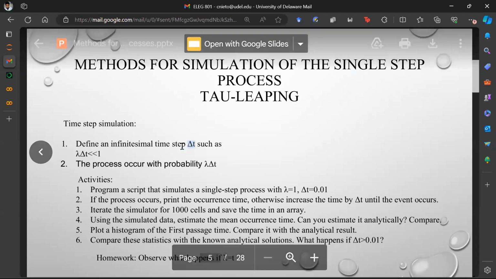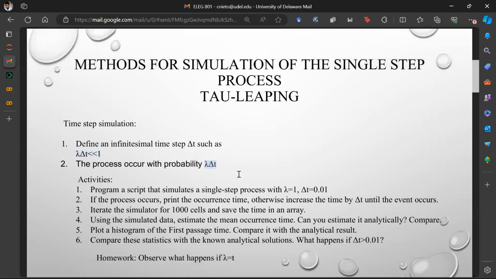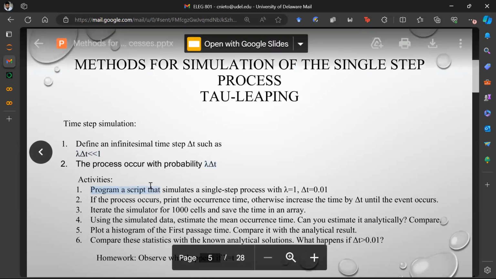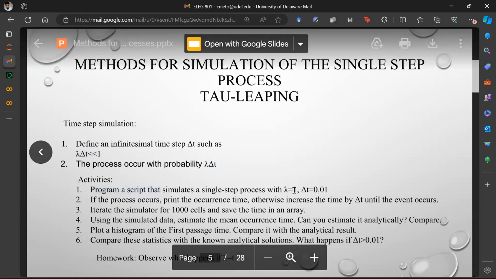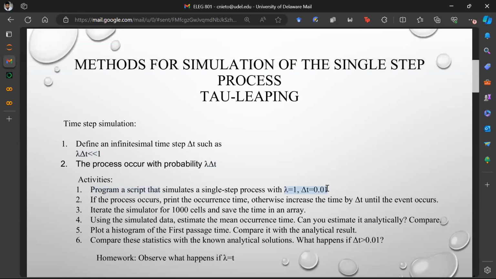We define a time step delta t such that my occurrence rate lambda times delta t is much less than 1, and we say that the process occurs with probability lambda times delta t. So we're going to start with programming a script that simulates the single step process with these two values.